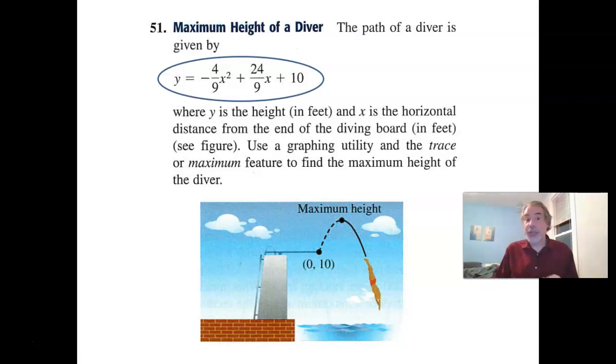And as we'll see, quadratic equations describe paths or graphs that have this kind of a shape to them. They go up and come back down, or they go down and come up. But things like a baseball or a football, after you hit it or kick it or throw it, follow a path a lot like that. So that's one thing that quadratic functions are used for, to model motion like that.